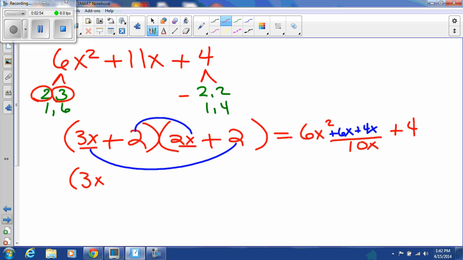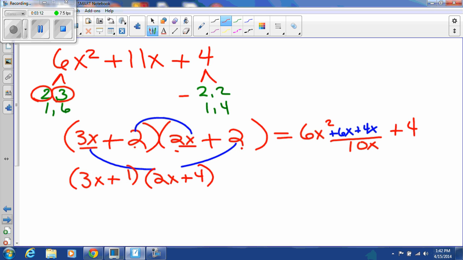I'm going to leave the 3 and the 2 for right now, but instead of using 2 and 2 for my last term of each binomial, I use 1 and 4. This should be 2x plus 4.